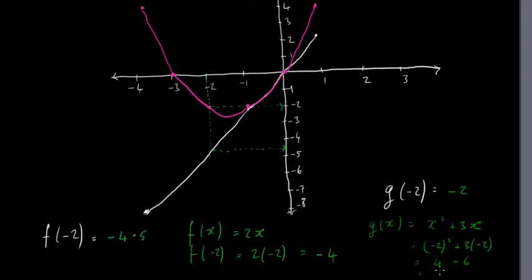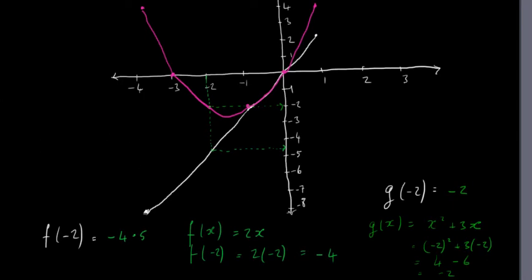So 4 minus 6 will give me minus 2. So I did actually get minus 2. Minus 2 is the accurate answer because I've done it algebraically. When I used the graph, I also got minus 2. So that wasn't too bad. I did hit it exactly here. Okay, so that's another question you could be asked.